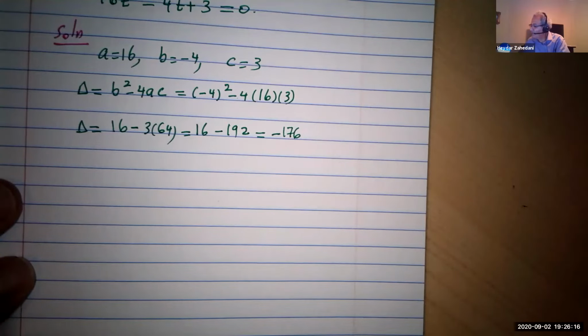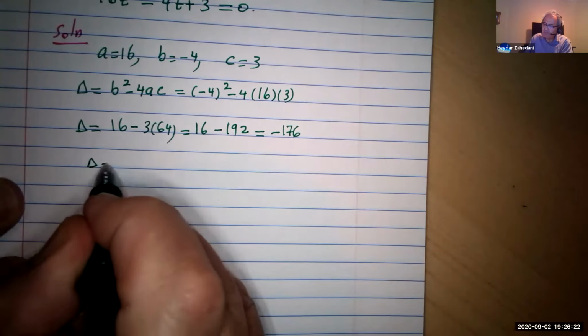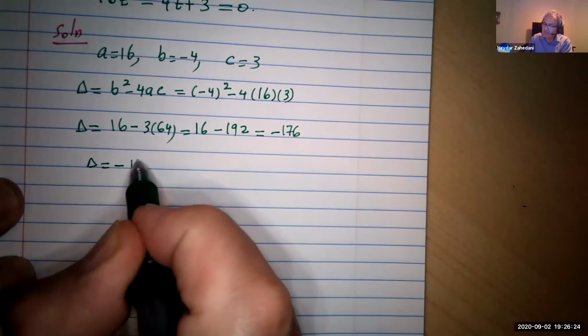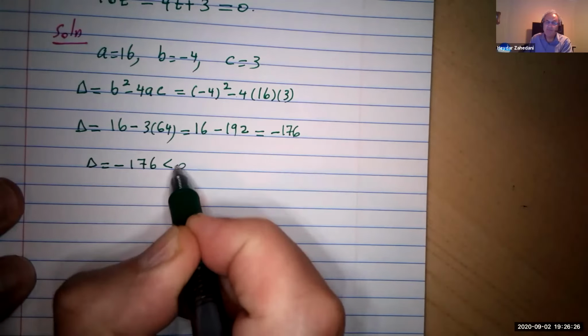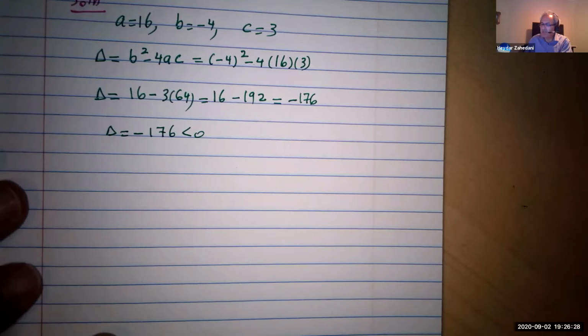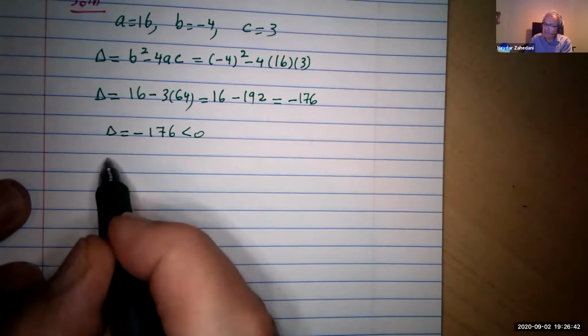So we get 16t squared minus 4t plus 3, but anyway, it's a negative number. It's negative 176. It's negative, so there is no real solution. But we have to find all the solutions.